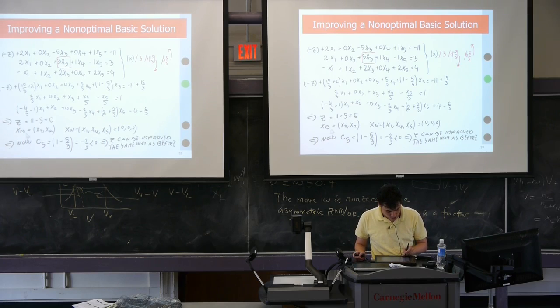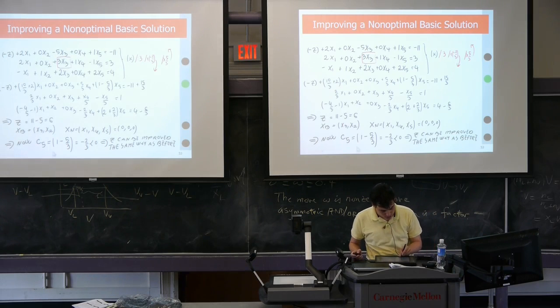The new non-basic variables will be x1, x4, and x5, and the basic variables are x3, with coefficients 0, 1, 0, and x2, with coefficients 0, 0, 1. Now we minimized the cost function, so from 11 it went down to 6.